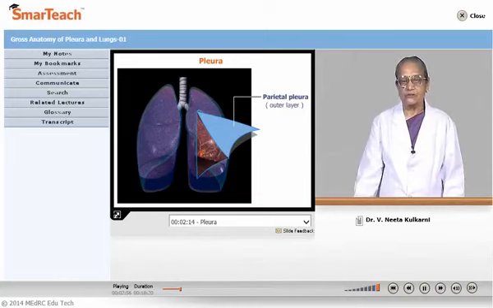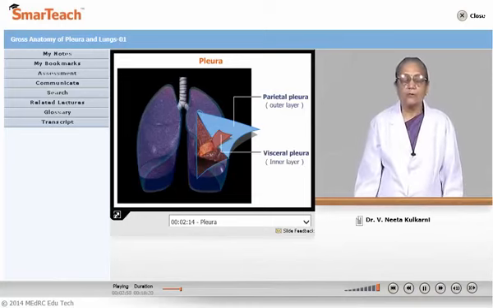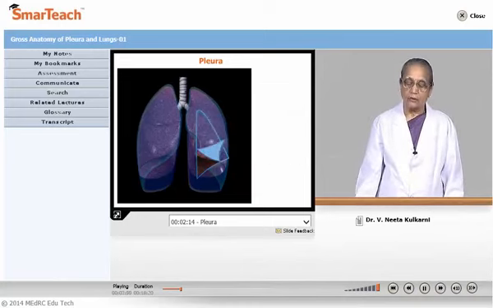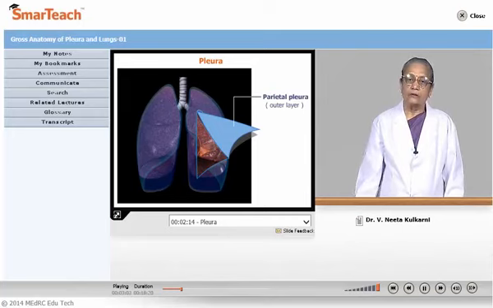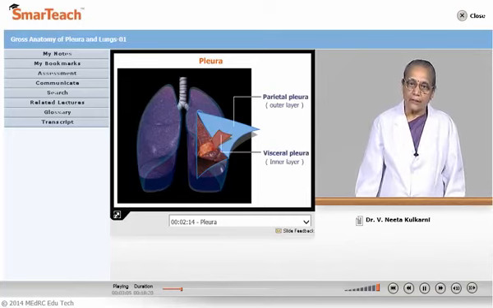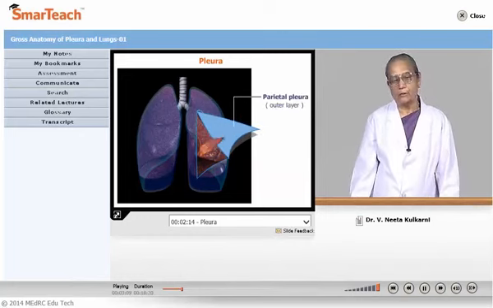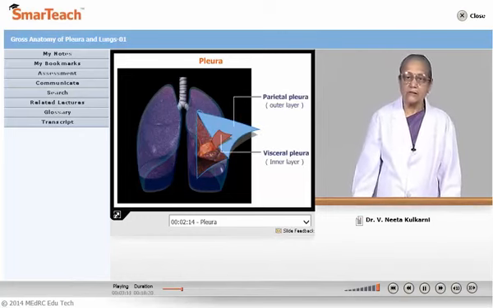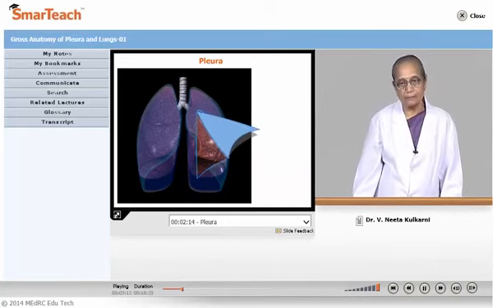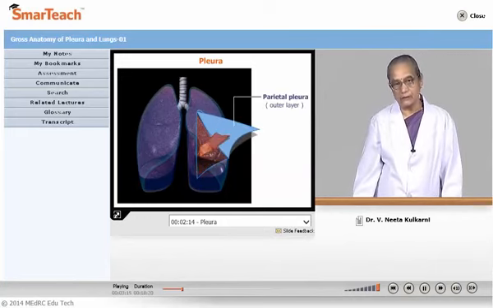Now, the other features which distinguish the visceral pleura from the parietal pleura are: the visceral pleura is pain insensitive since it is innervated by the autonomic nerves. As against this, the parietal pleura is pain sensitive because it is innervated by the somatic nerves.